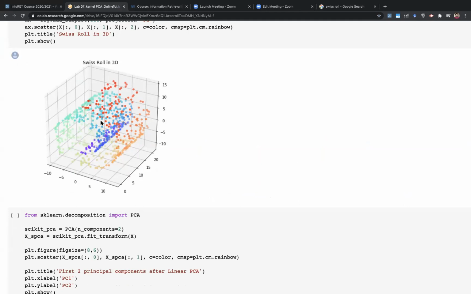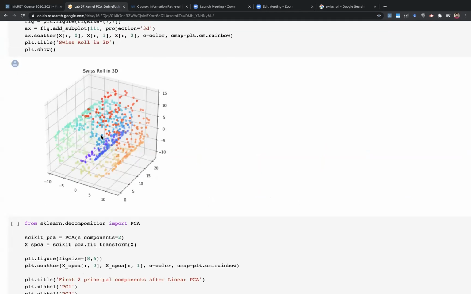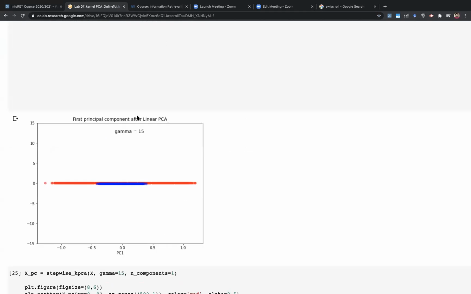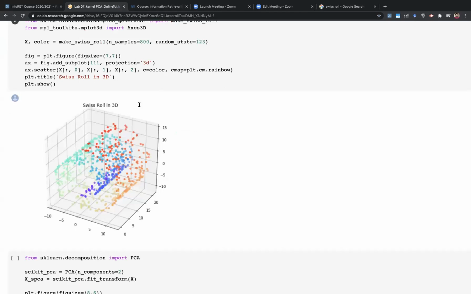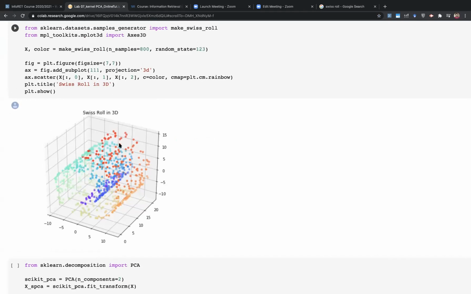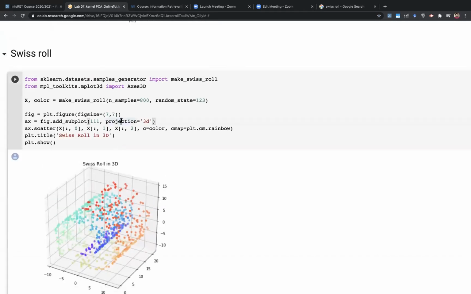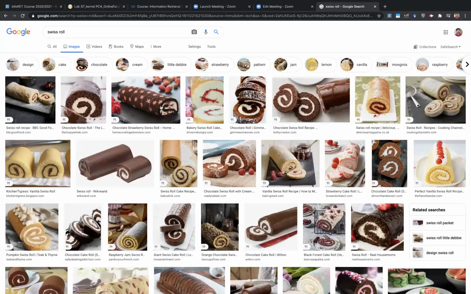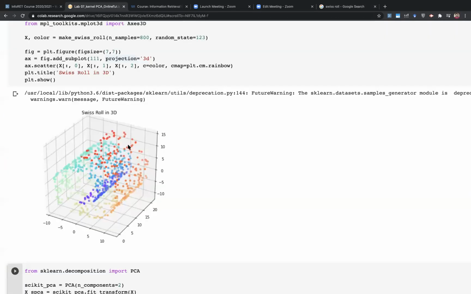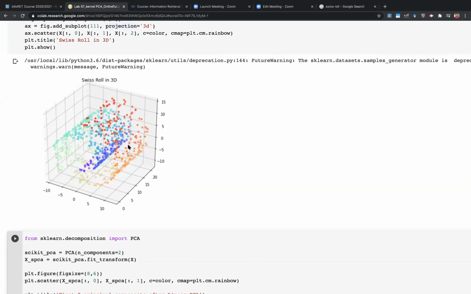This is a Swiss roll in 3D, because we were talking about all the data sets in 2D, and now we want to go to a more complicated data structure, which is a Swiss roll in 3D. I hope you could figure out that this is a Swiss roll. Believe me, this is a Swiss roll for engineers. Very nice Swiss roll.